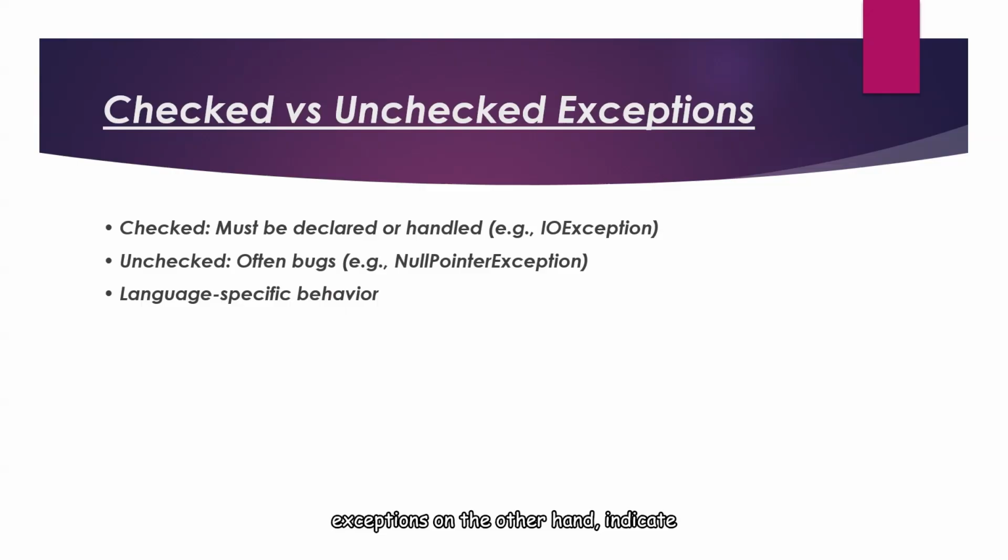Unchecked exceptions, on the other hand, indicate bugs in the program, such as null pointer dereference or an illegal argument. These are typically caused by programming errors, and while you might catch them, it's often better to fix the root cause. This classification helps us distinguish between predictable system failures and unintentional code defects.